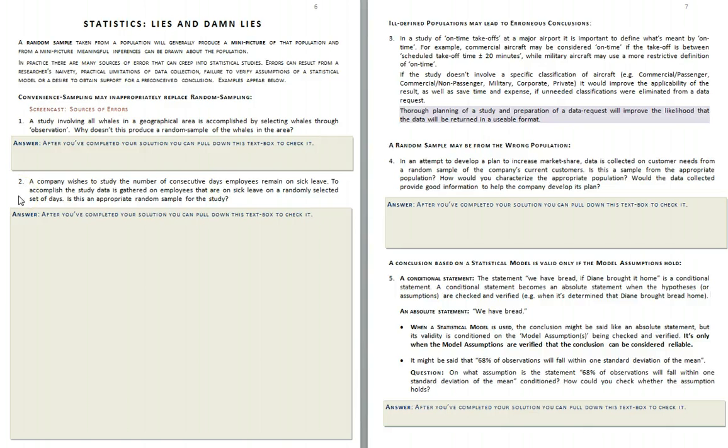A key observation is that a random sample of days is proposed, but the observations in the population are based on employees, not days. The observations are measured in days, but the measurements themselves are based on employees that have taken sick leave.